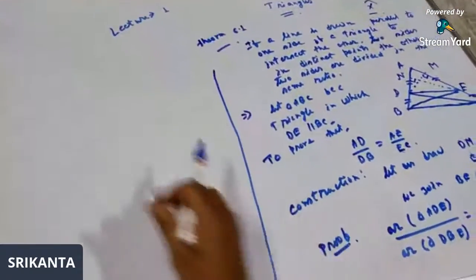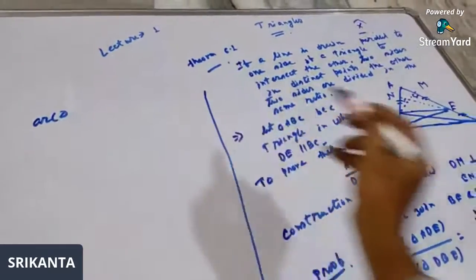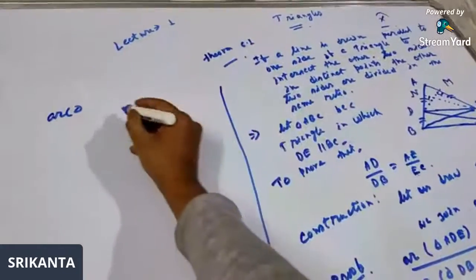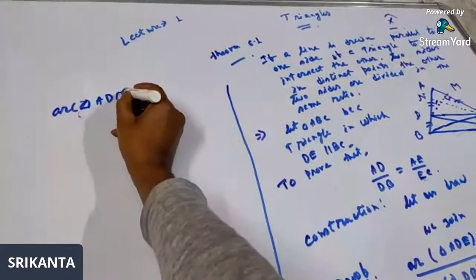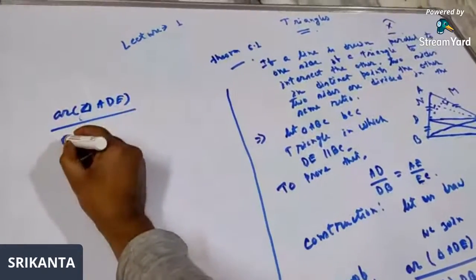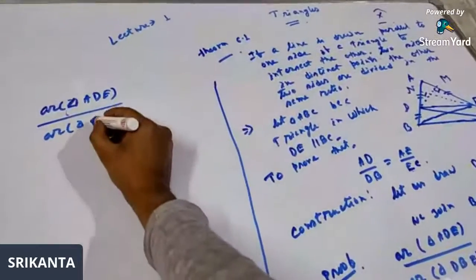Similarly, therefore, area of triangle ADE by area of triangle DEC.